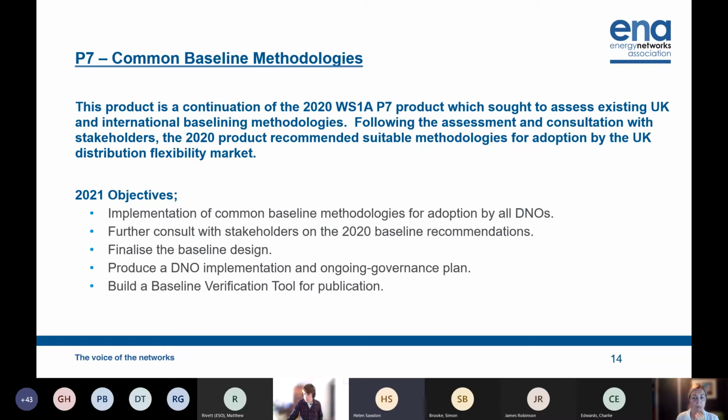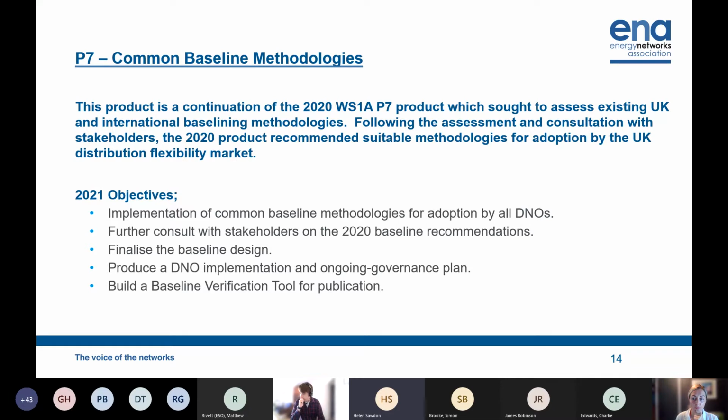So in 2021, our product objectives have been to look at implementing the common baseline methodologies so they can be adopted by all UK DNOs, and carry out some further consultation with stakeholders around the 2020 baseline recommendations so that we could finalise the baseline design that we would take forward for implementation.